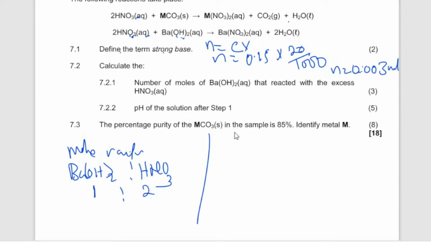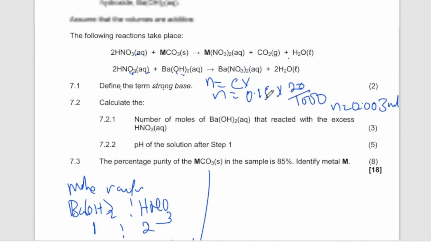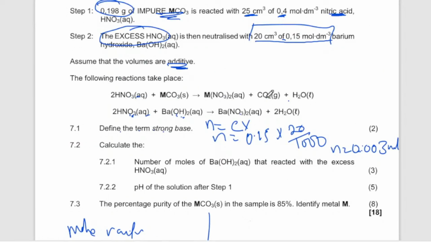So what we're going to do is we bring our barium hydroxide 0.003, yes, times 2. So you have to multiply. It's going to be 0.006. So this is the number of moles of nitric acid which reacted with barium hydroxide.